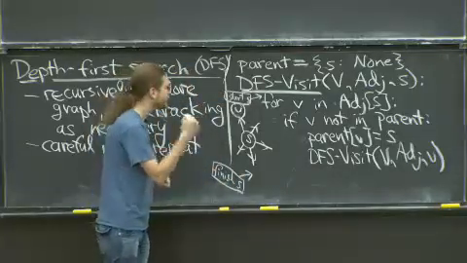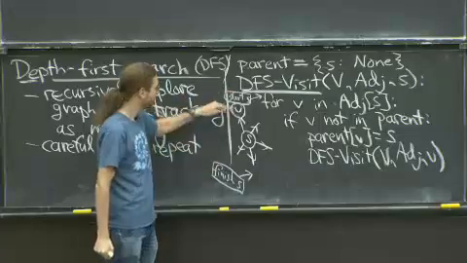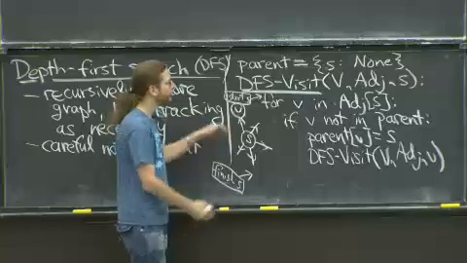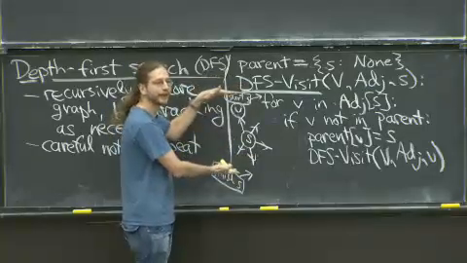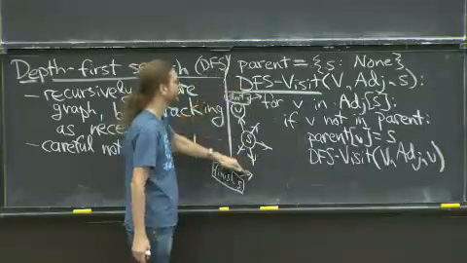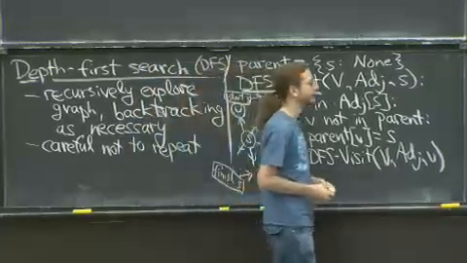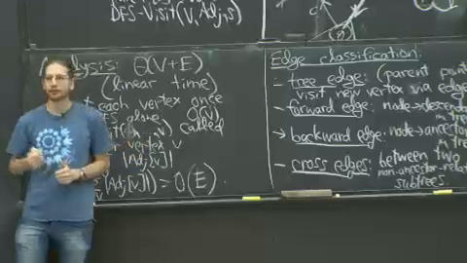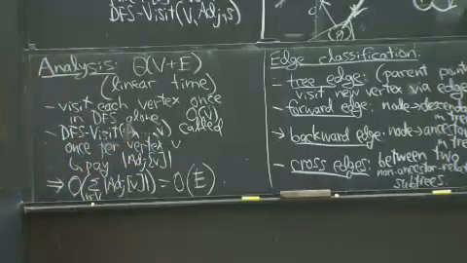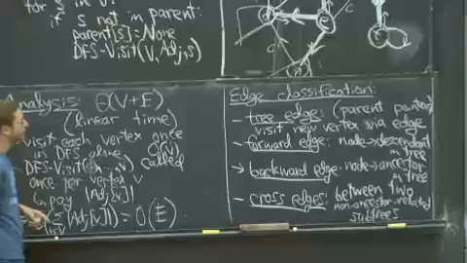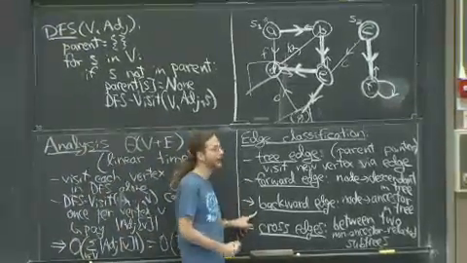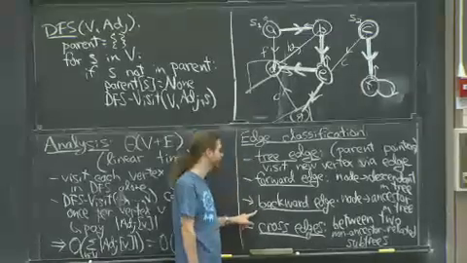You could say S dot in process is true up here, S dot in process equals false down here. Keep track of which nodes are currently in the recursion stack, just by marking them and unmarking them at the beginning and the end. Then we'll know if we follow an edge and it's an edge to somebody who's already in the stack, then it's a backward edge. Because everyone in the stack is an ancestor from our current node.